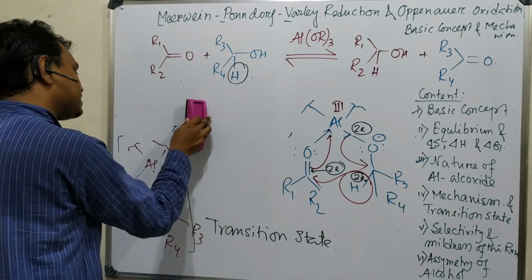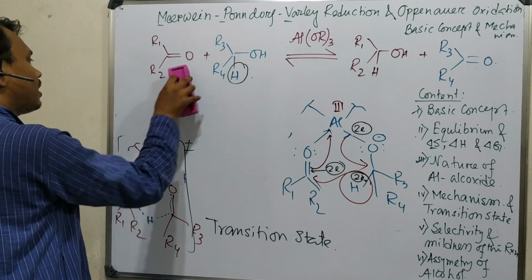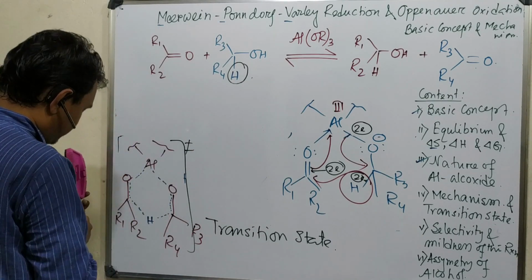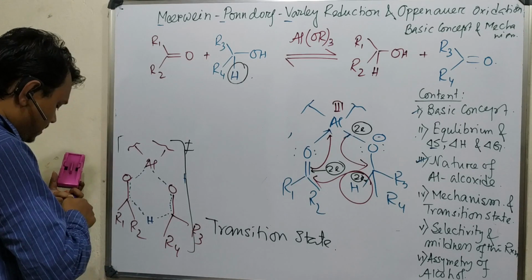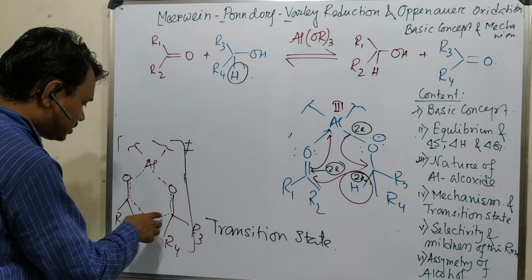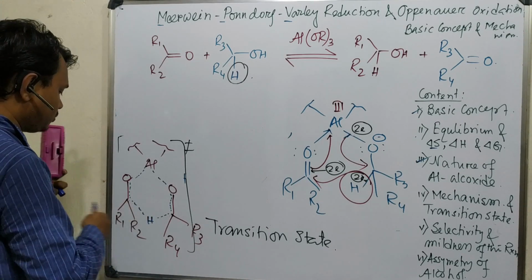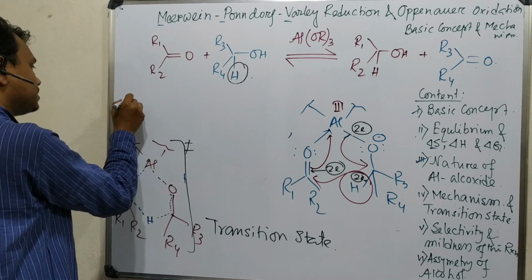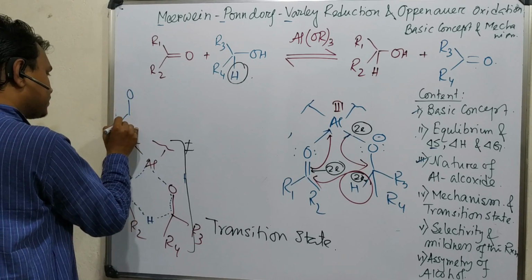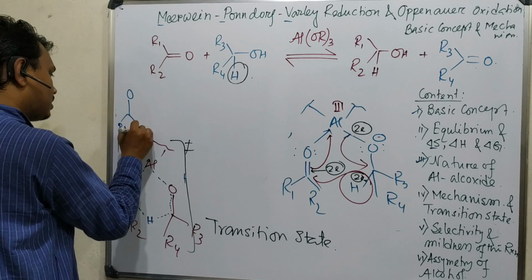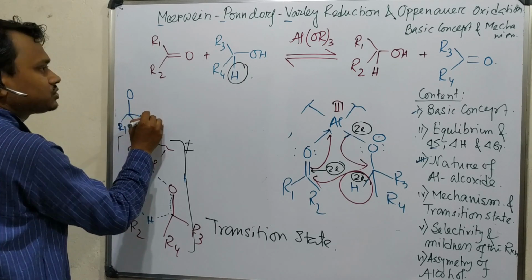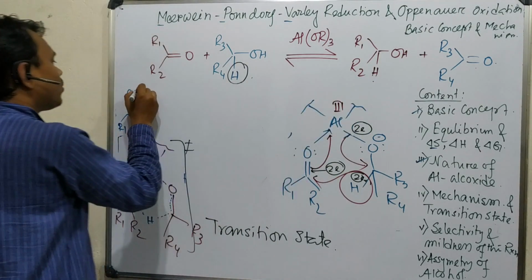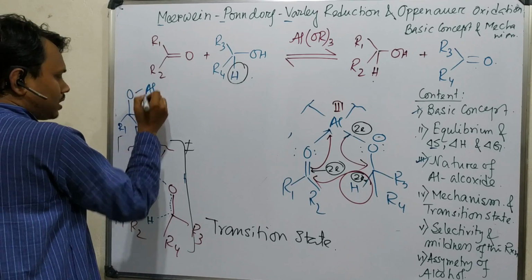From this discussion you have understood that if this hydrogen is shifted from here to here, what will be the product? So I should write it. This is O, this is R1, R2, H, coordinated to aluminium.